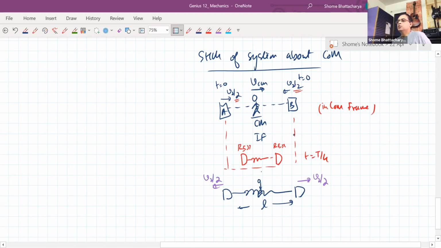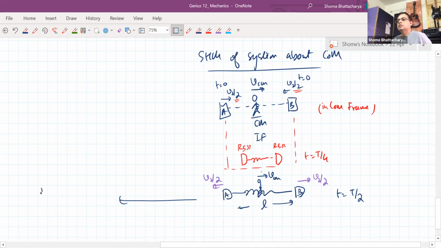Now if I look in the ground frame, because V_CM is like this, from this third diagram you can see this is at t equal to T by 2, sorry, so it's back to natural length.